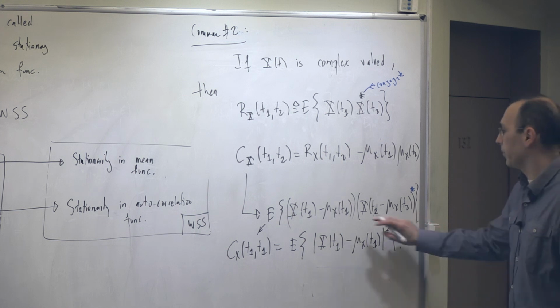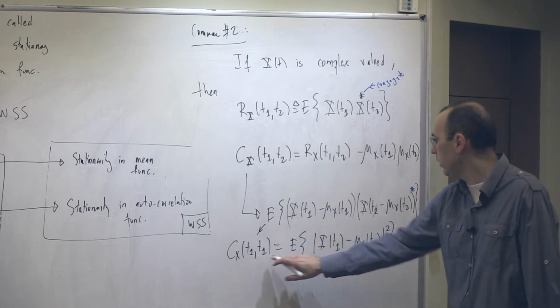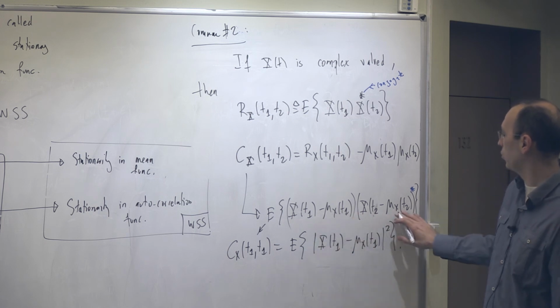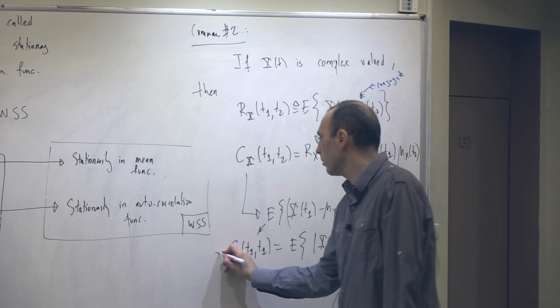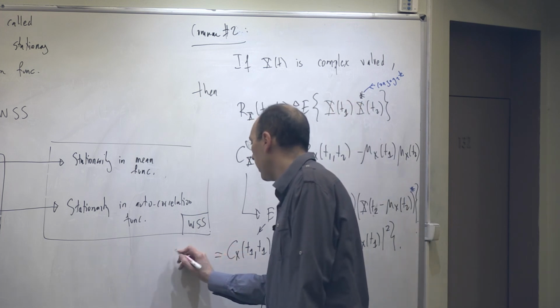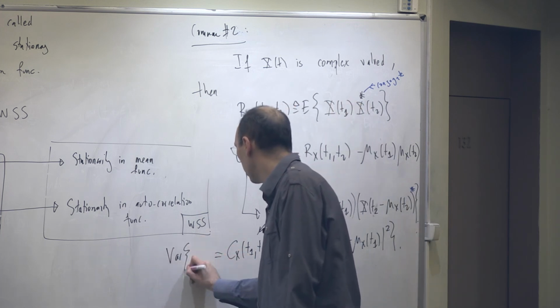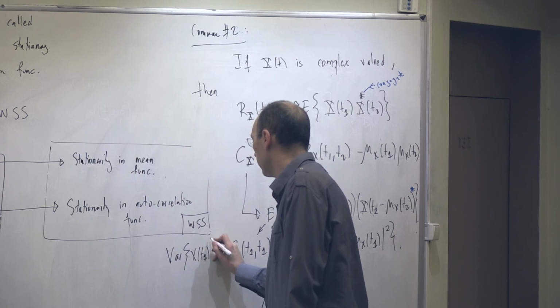So if T2 is equal to T1, now this becomes the conjugate of this, so this becomes the magnitude square. And maybe you can remember this becomes our variance definition. So this is the variance of x of T1.